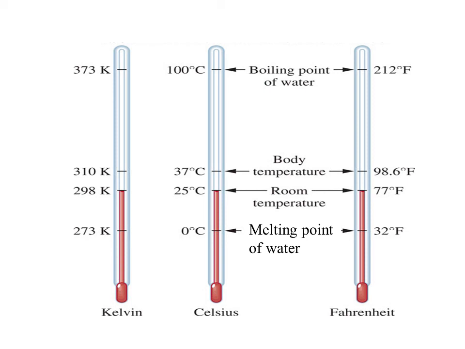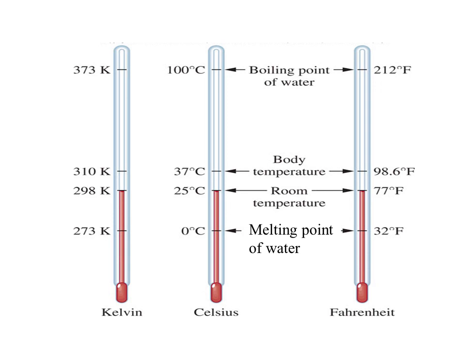The difference is the point of 0. In Kelvin, you have no negative numbers, so the lowest possible temperature that is ever achievable is 0 Kelvin. It's never been reached. It's a theoretical temperature. Celsius has the exact same size of degree, but its 0 is at the melting point of water.